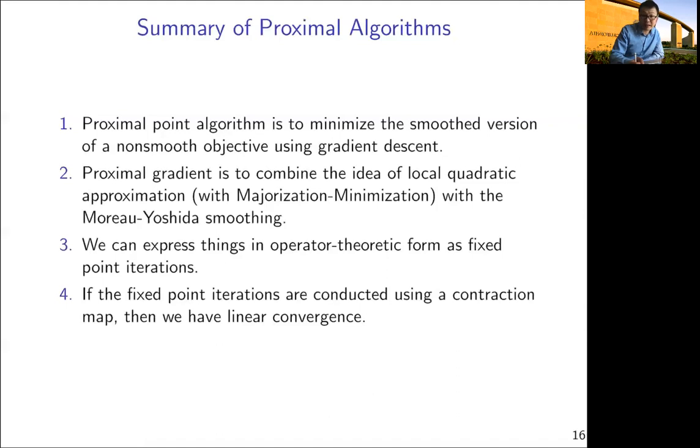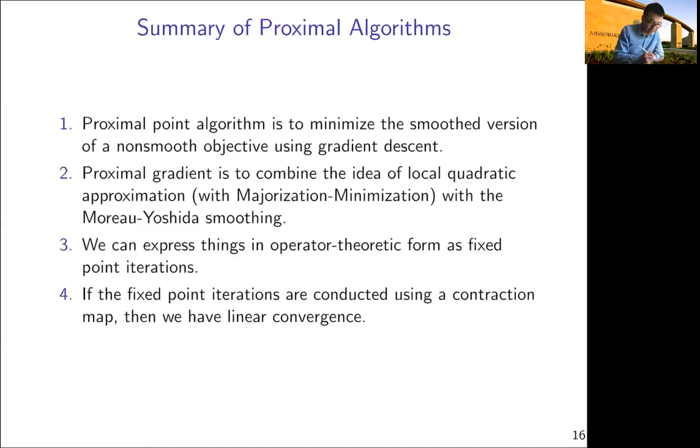Moreover, if you write everything as operators, as linear operators in the function space, then we can write many of these as fixed point iterations. The beauty of fixed point iterations is that it is easy to construct some kind of a contraction map. Notice that we talked about non-expansion.